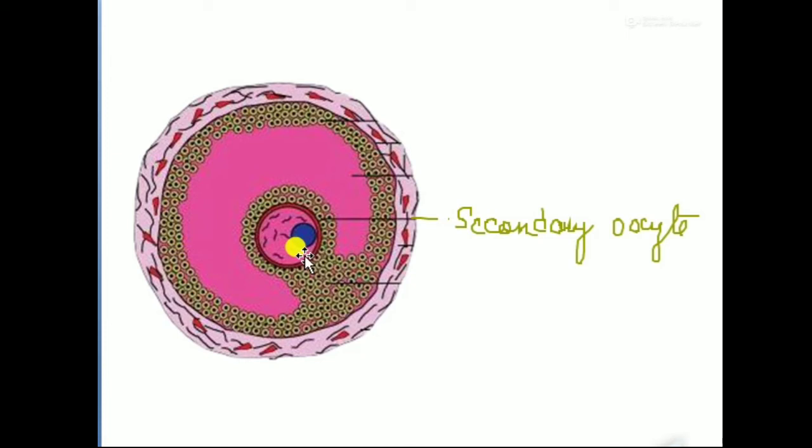Some are present on the outer side and some are present on the inside. That means the oocyte is surrounded by a number of cells, some inside and some outside.